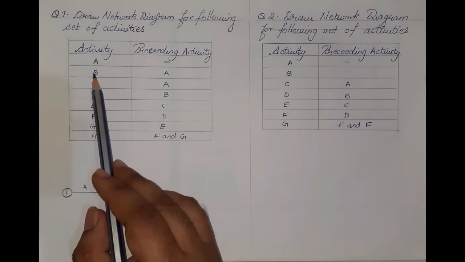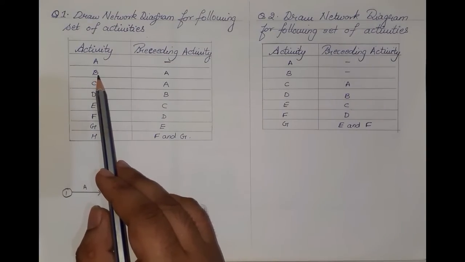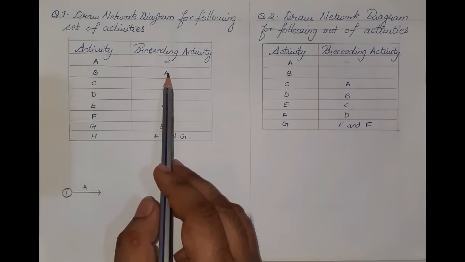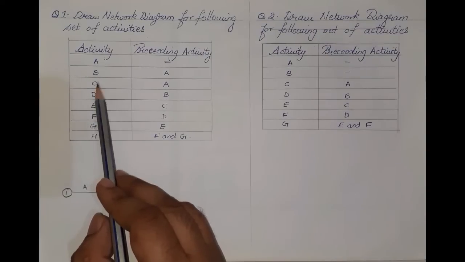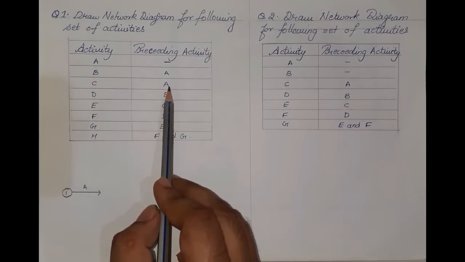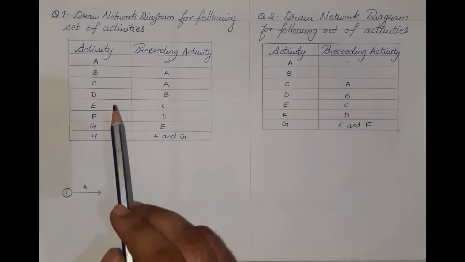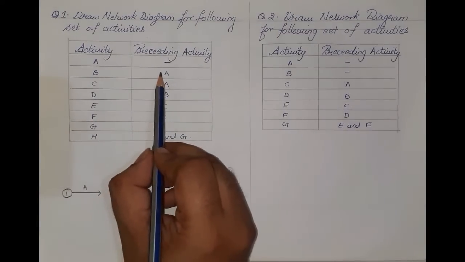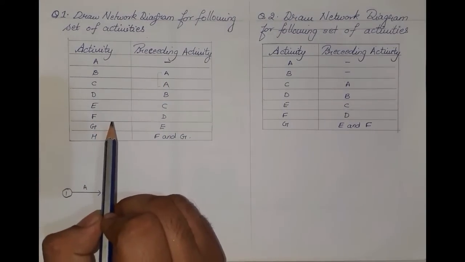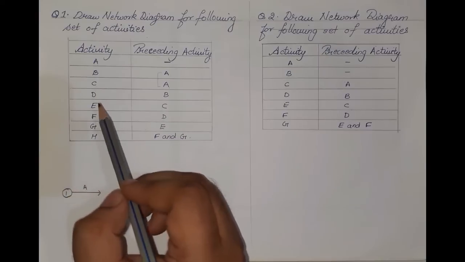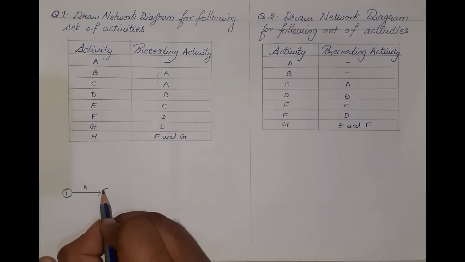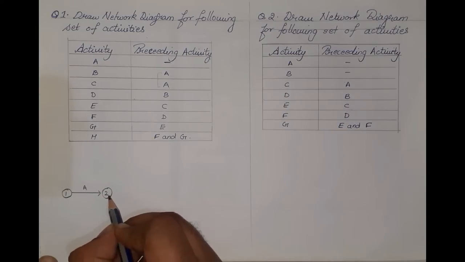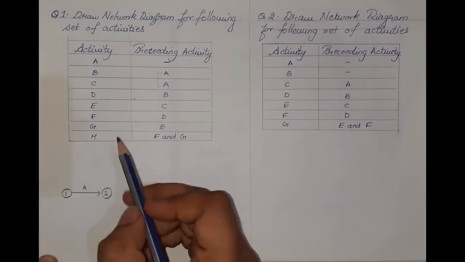Now the second one is activity B. Activity B's preceding activity is A, and activity C's preceding activity is also A. It means from A, B and C activities have evolved. At the point where activity A comes to an end, two activities have evolved.